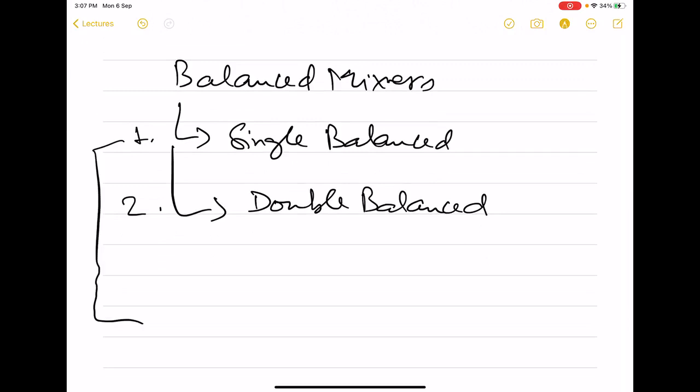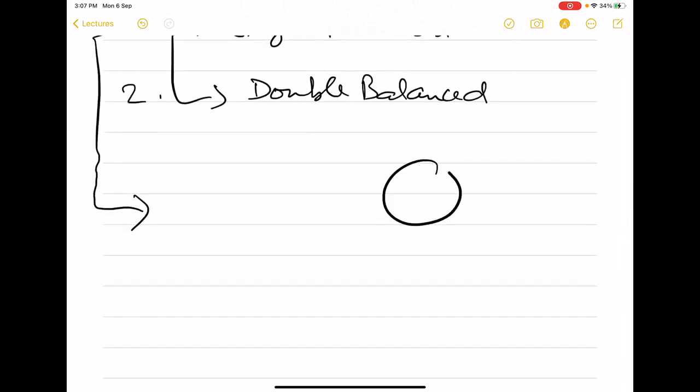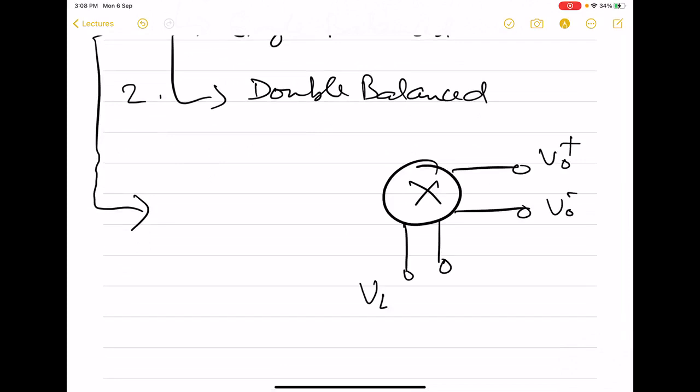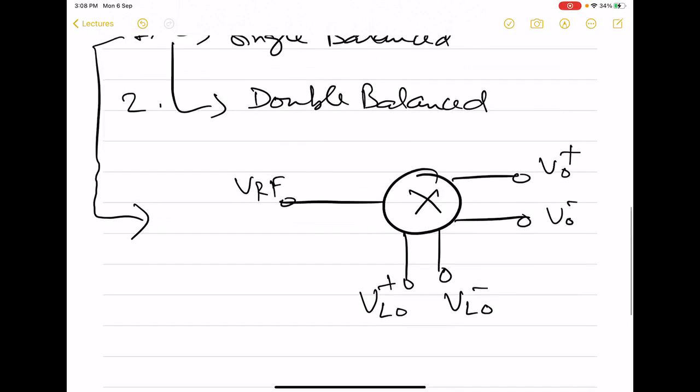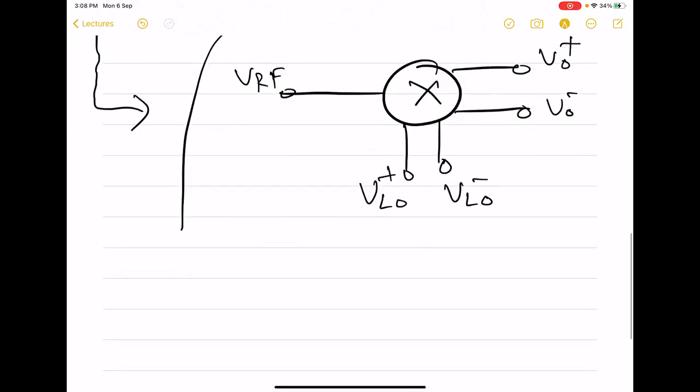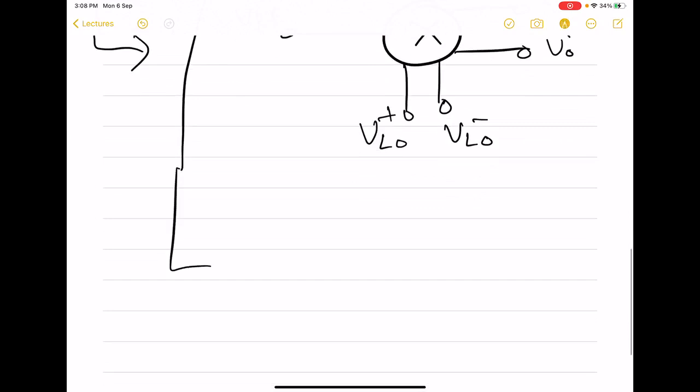So in the single balanced, this output port is going to be differential, and LO port is also going to be differential. However, the RF port continues to remain single-ended. And in the double balanced case, even the RF port also becomes differential.